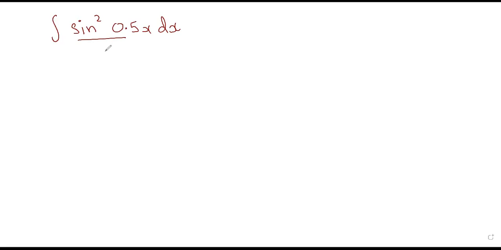Now we know that we need to think of it as a derivative function, and we know that sine square is not a derivative. There's no function whose derivative would be sine square x. So since this is the case, we need to change sine square 0.5x to 1 minus cos x by 2 dx. Now here was a mistake.